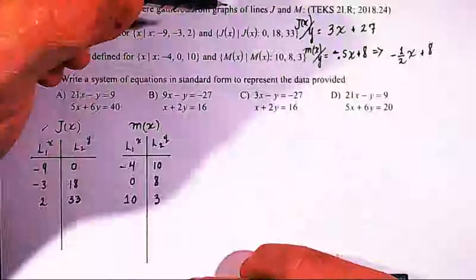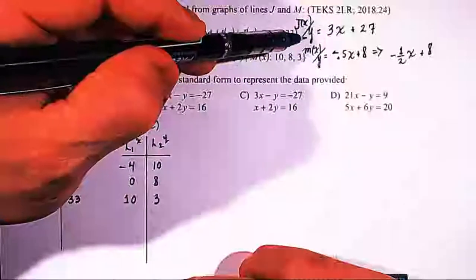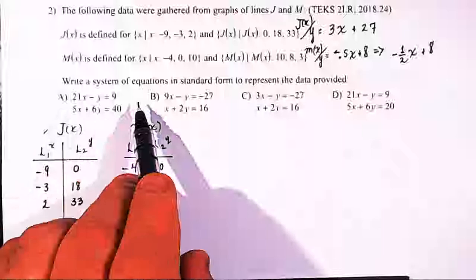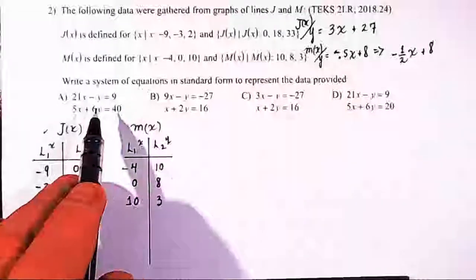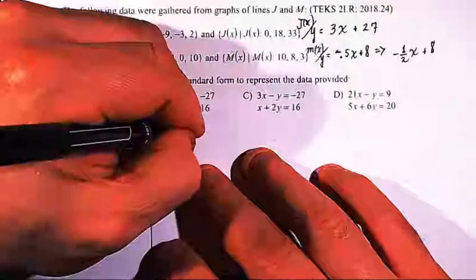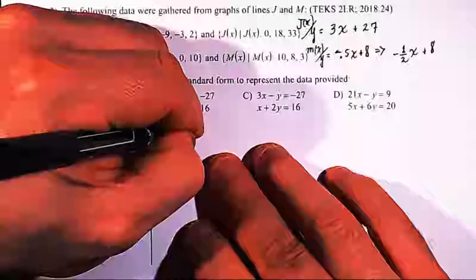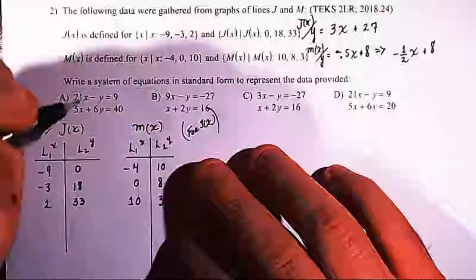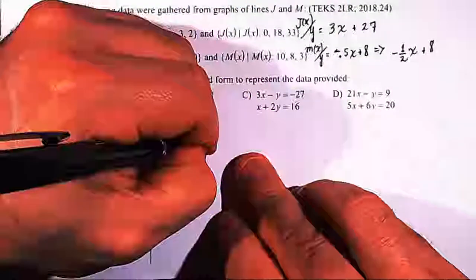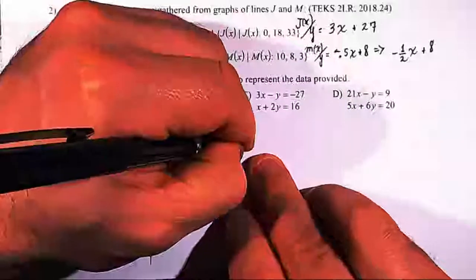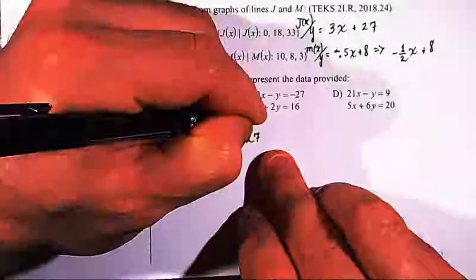So let's convert our j of x into standard form. Because all of the answers are talking about x's and y's, we'll use the y equals notation instead of the function notation. So I'll write for j of x, just so I know what I'm doing over here, y equals 3x plus 27.